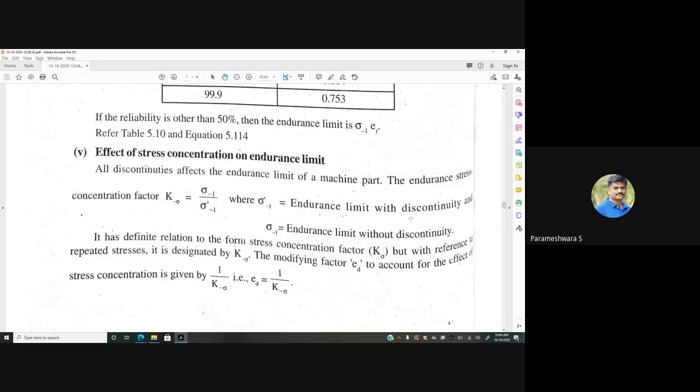So that induces what? Stress concentration. So now we are considering the stress concentration effect in solving fatigue problems. So you should consider a factor that is called the stress concentration factor. What is this? It is nothing but the ratio of the endurance limit without discontinuity to the endurance limit with discontinuity. Okay.